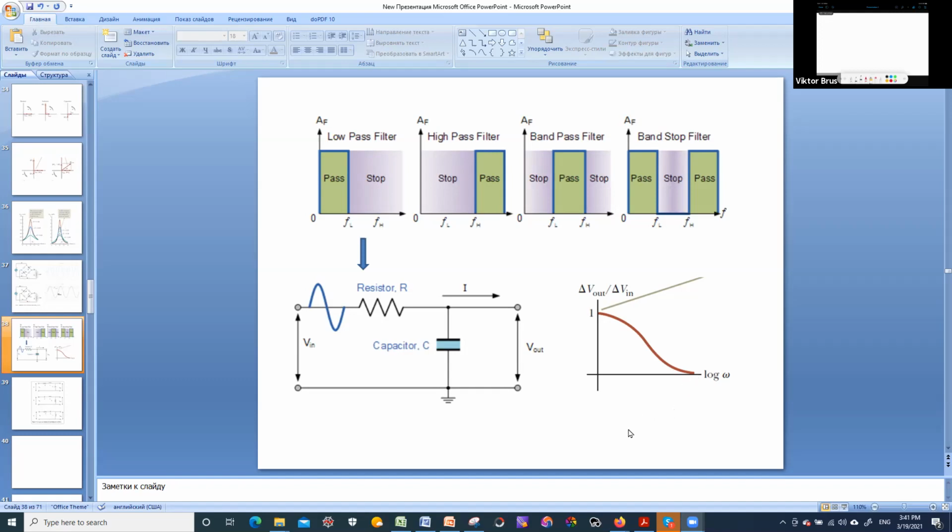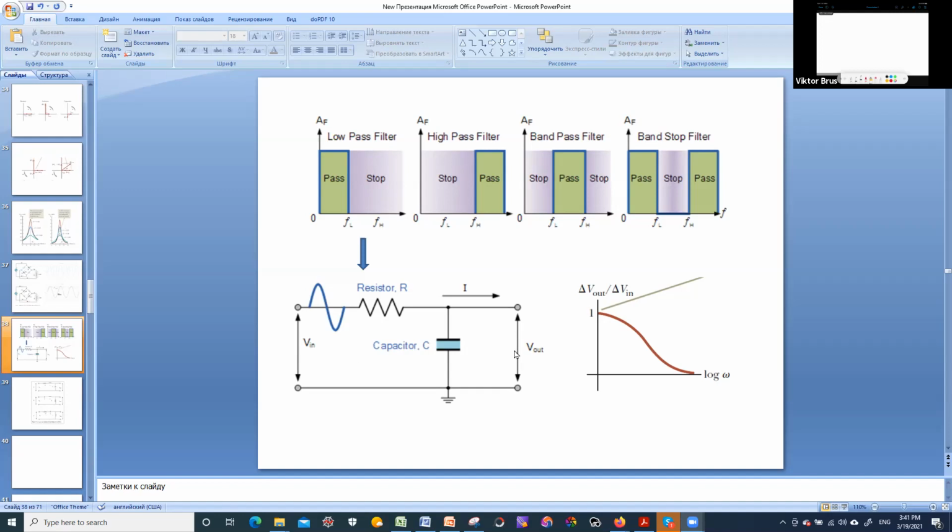That's why such an electric circuit can operate as a low-pass filter, and it will allow low frequency signals to pass through. So we see in the low frequency range, we don't see any reduction of the signal.